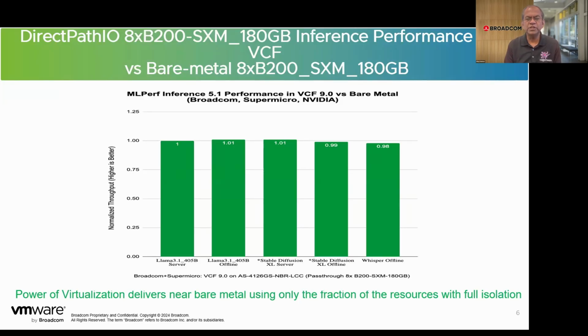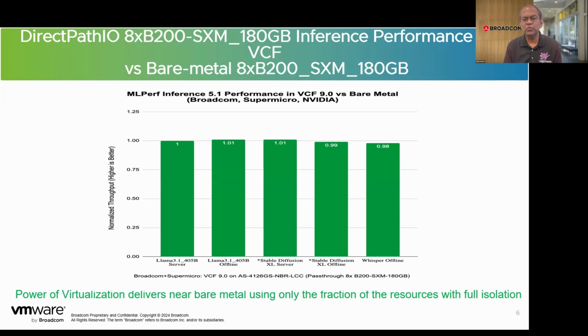Our next benchmark is Stable Diffusion. Stable Diffusion is text to images, which is a very hot area these days. Everybody is playing with Sora or Grok or Gemini to create images from a text prompt. And here also, we deliver near bare metal performance in both server mode as well as offline mode.